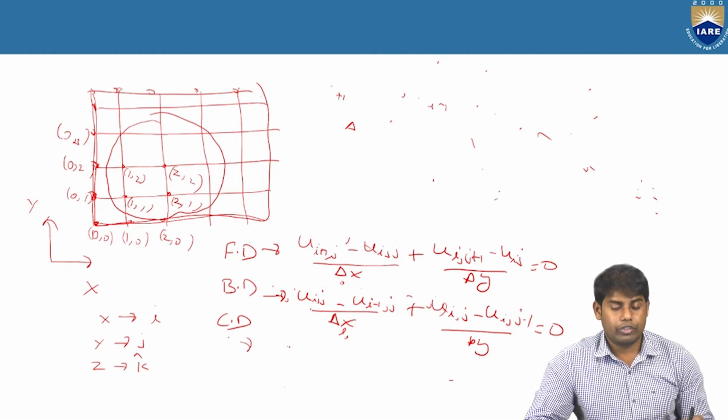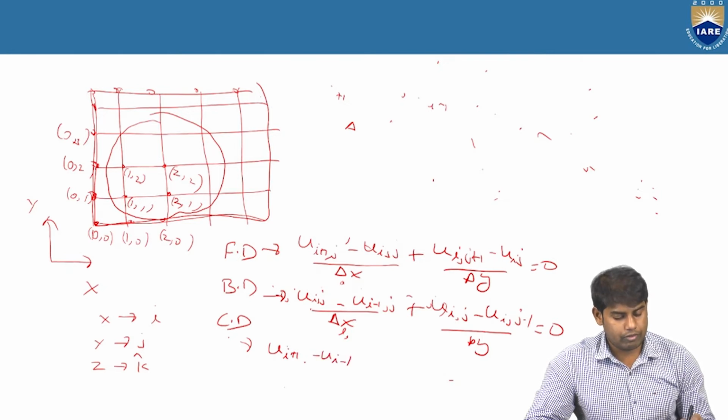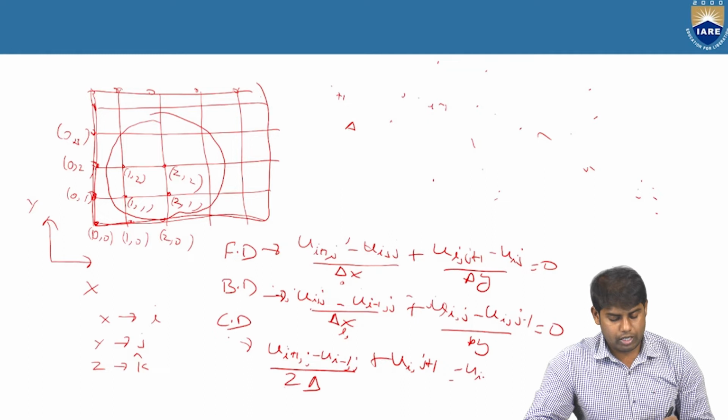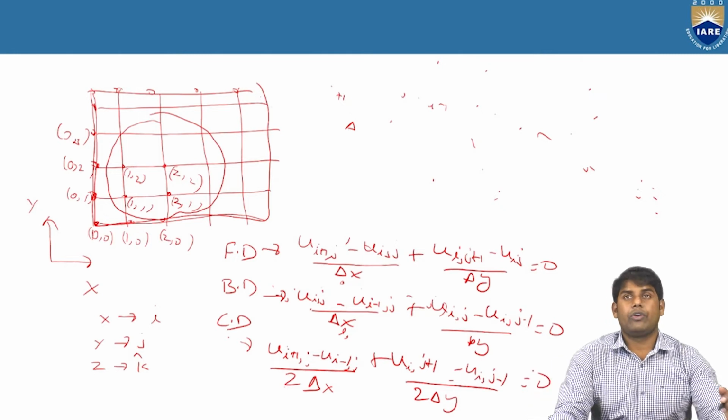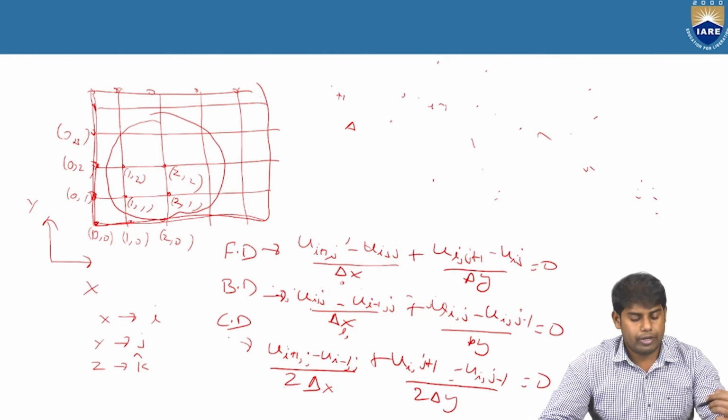For central difference, u of (i+1, j) minus u of (i-1, j) divided by 2 delta x plus u of (i, j+1) minus u of (i, j-1) divided by 2 delta y is equal to 0. So here you can see the comparison of all these three schemes: forward difference scheme, backward difference scheme, and central difference scheme.